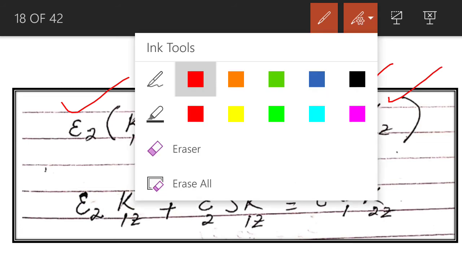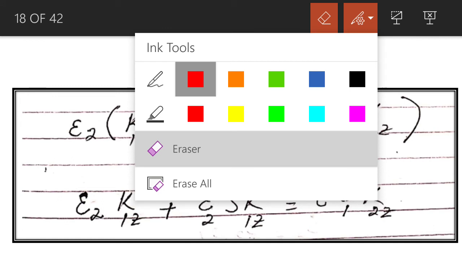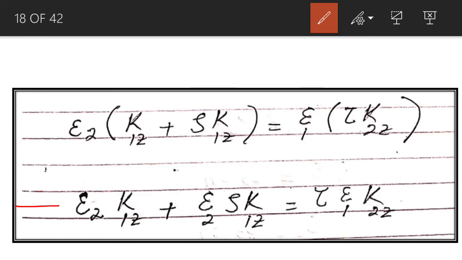And you see the same equation can be written as epsilon 2 k1z plus epsilon 2 rho k1z is equal to tau epsilon 1 k2z, and we put the value of tau on the right hand side of this equation, and tau is equal to 1 minus rho in this particular case.